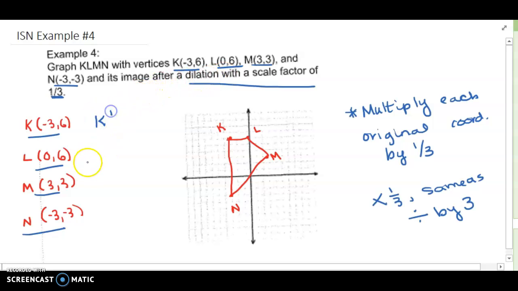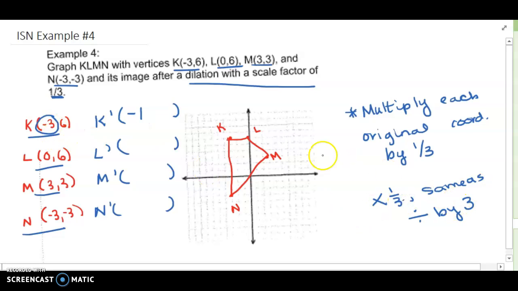So K prime, L prime, M prime, and N prime. Now 1/3 times -3 would be -1, or -3 divided by 3, same thing.